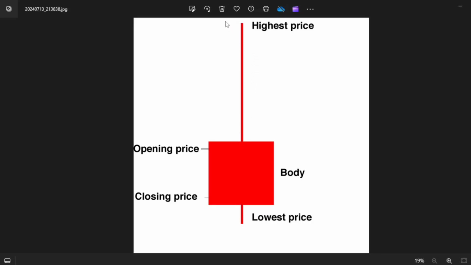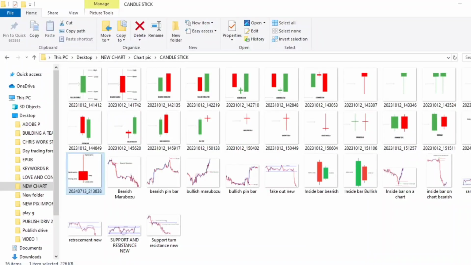You can see the same principle is applied here: the highest price, the lowest price, the body, the open and the close, the same principle, even though the candlestick formation is different. Let me open another one.